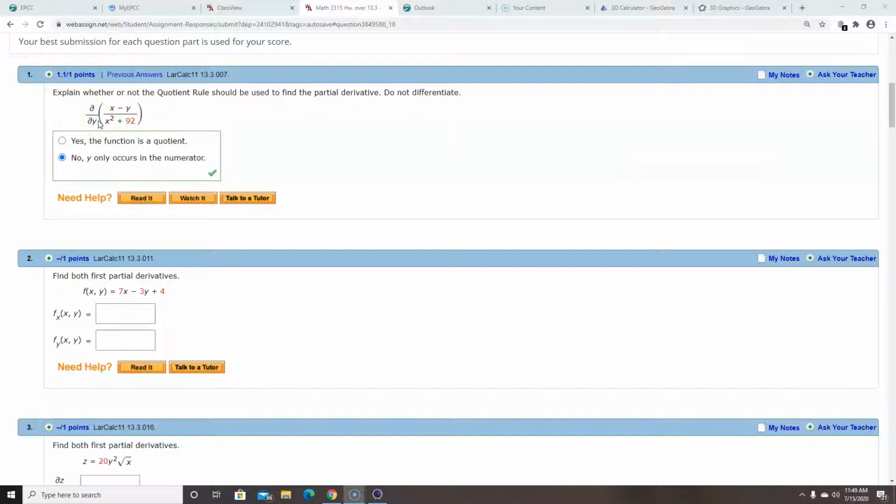Then the other variable x is considered a constant, fixed. So in the denominator there is the variable x, but that's to be a specific fixed x value. You could say when it's 10, or if it's 4, or if it's 3, any of them.